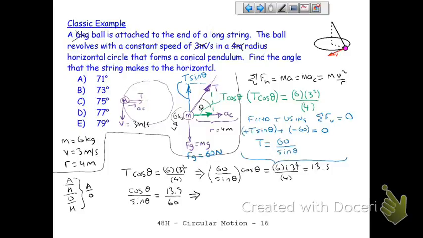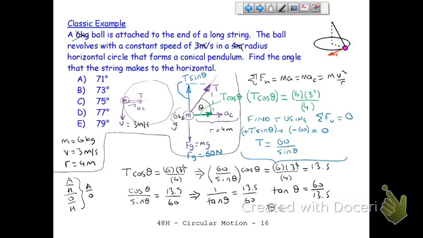So this gives me that 1 over tan theta is equal to 13.5 over 60. So that tells me that tan theta is equal to 60 over 13.5.